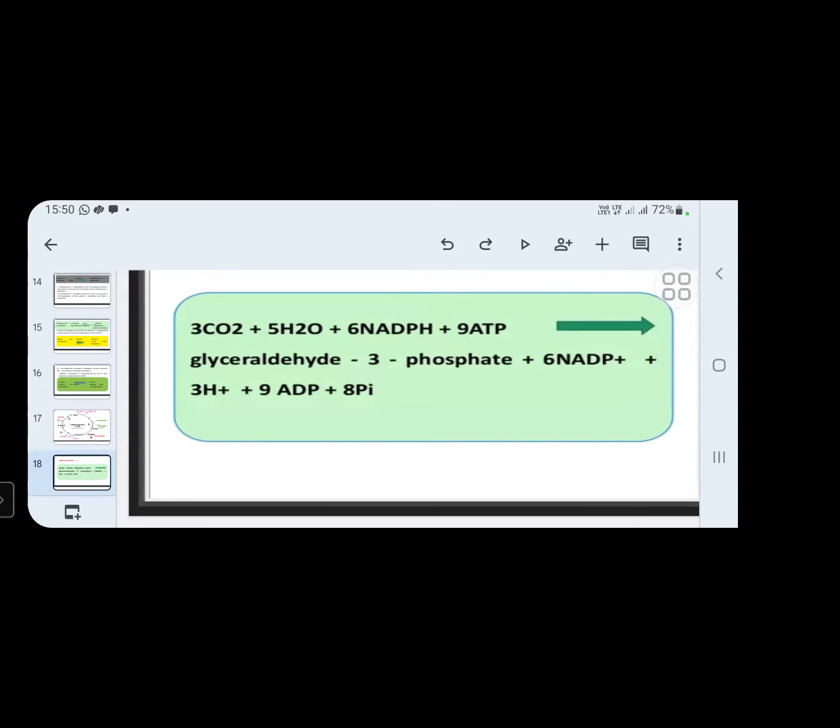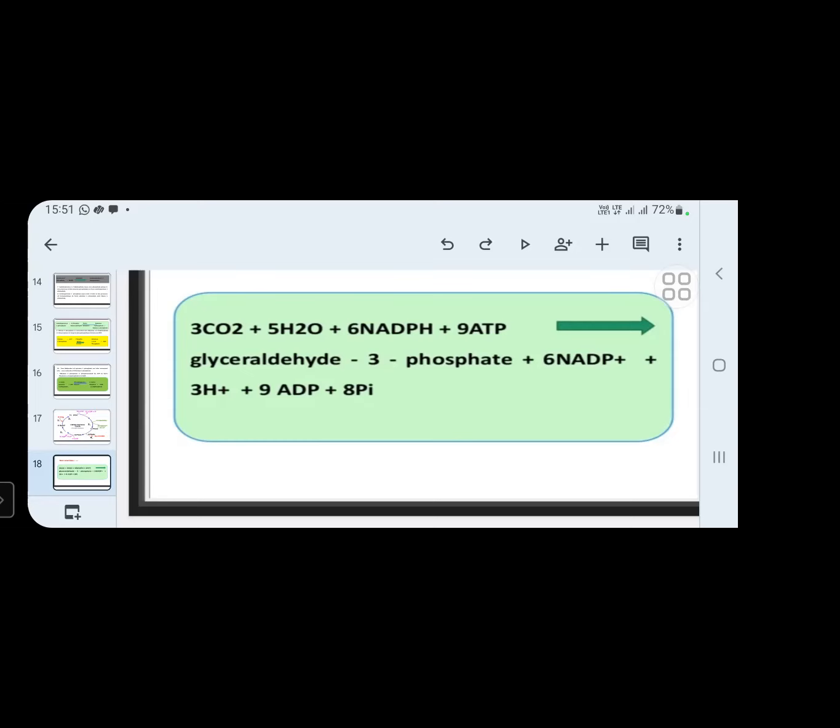What is the importance of the C3 cycle? So, in these plants, CO2 is initially fixed as 3-phosphoglyceric acid. The Calvin cycle occurs in the stroma of the chloroplast. This shows that the Rubisco enzyme is the key enzyme.